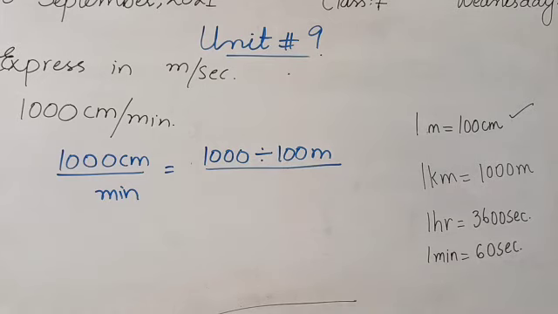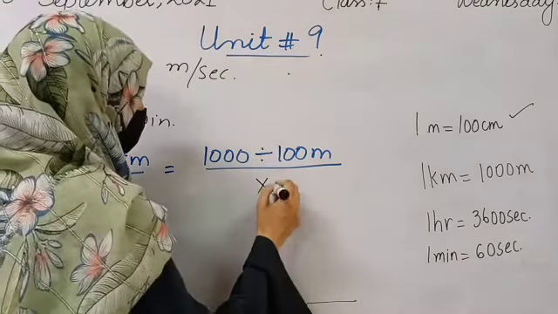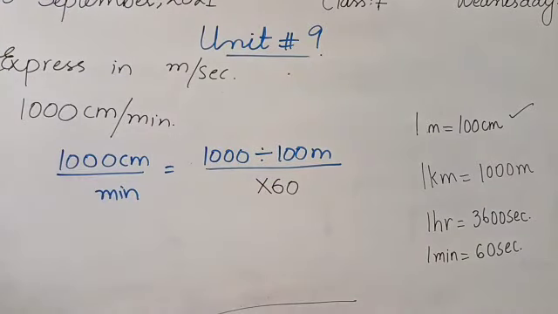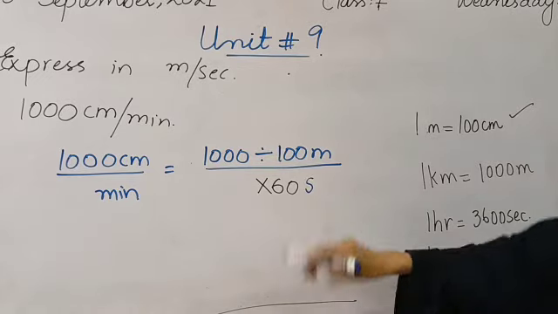So to convert minutes into seconds, what will we do? Simply we will multiply by 60. Okay? To convert minutes into seconds, we will multiply minutes with 60. Is it clear, students? Now this is in meter and 60 in seconds.